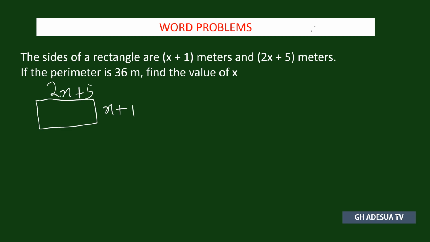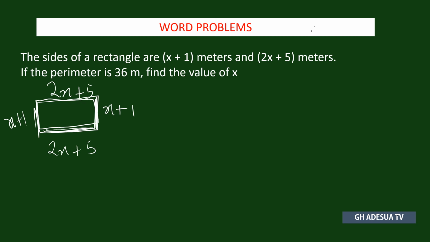Now, to find the perimeter of a rectangular object, you add the length on all sides, meaning this length plus that length plus this length plus that length. This length is repeated over here, so this is the same as x plus 1. And this is also repeated over here, that is also 2x plus 5. So the perimeter is the addition of all these sides, which will be equal to 36.